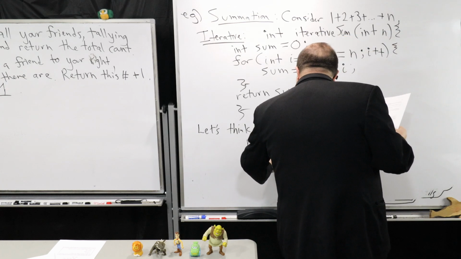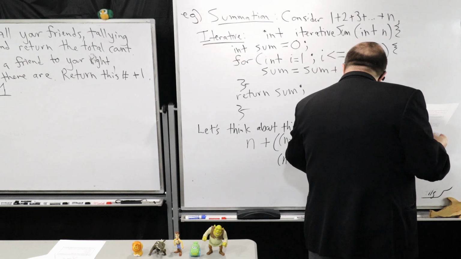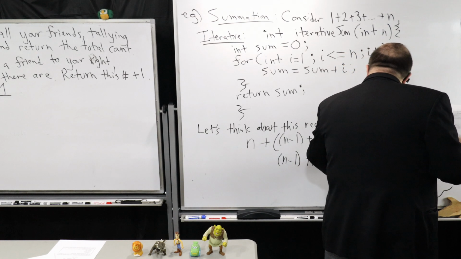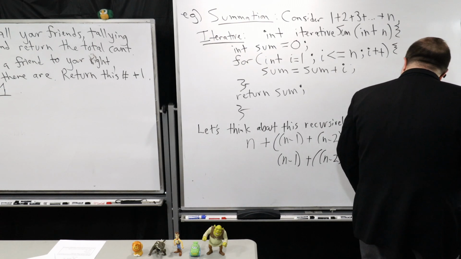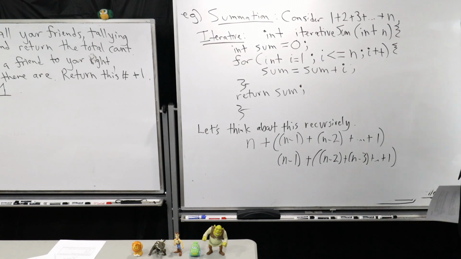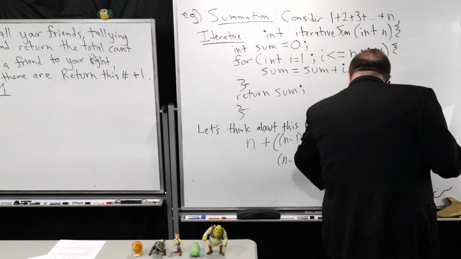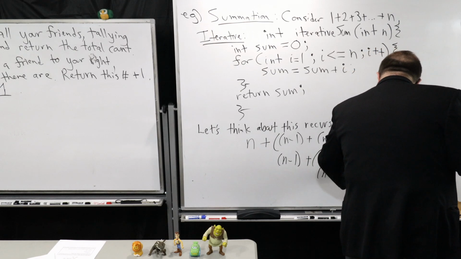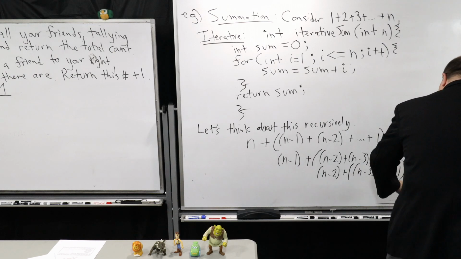This is just n minus 1 plus n minus 2 plus n minus 3 plus all the way down to plus 1. And you could do the same thing again. So you can say this is just n minus 2 plus n minus 3 plus all the way down to 1.